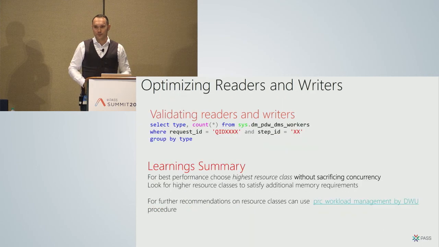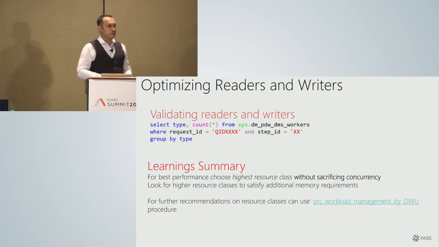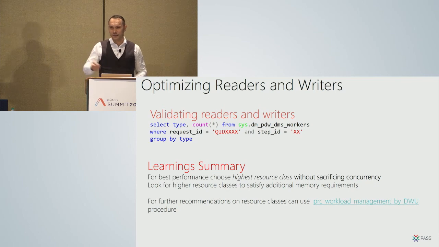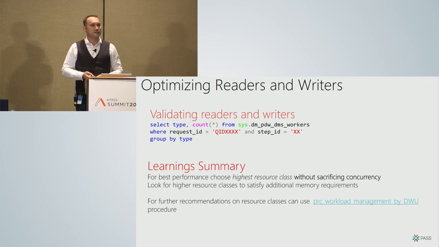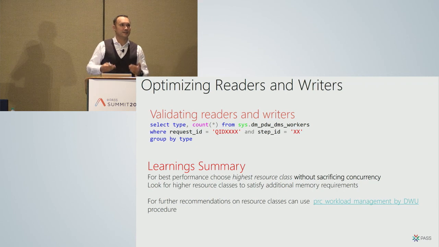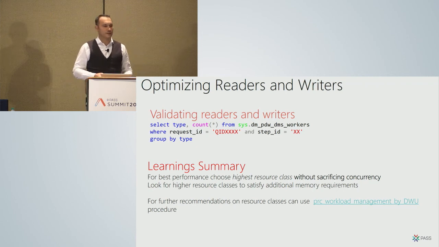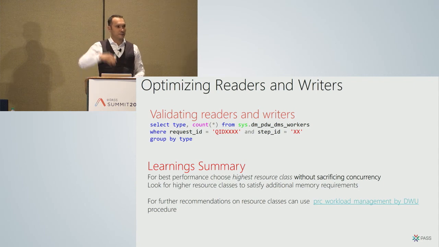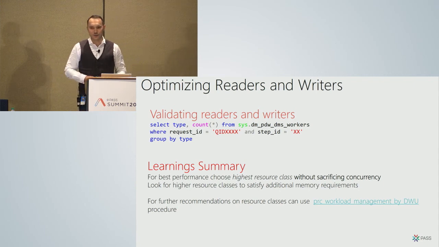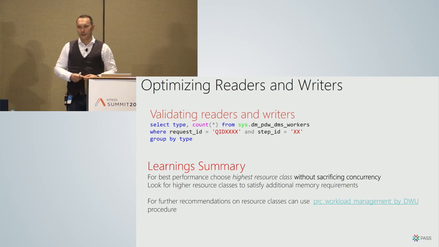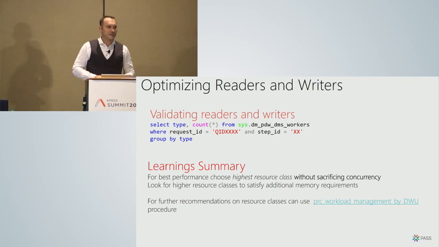Then when you run your workload, you can execute the procedure, the DMV we're showing here, and see what a realistic number of writers or readers you have on the system. So it's very easy to monitor, and by playing with this number, you'll find your sweet spot. The recommendation depends on the solution.